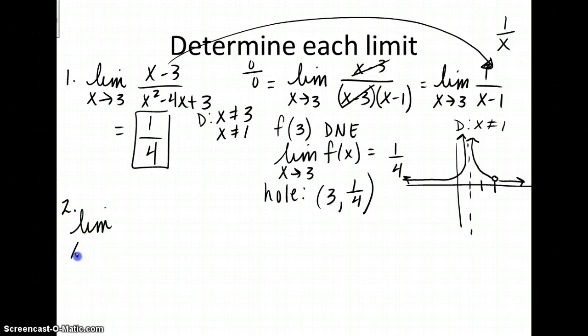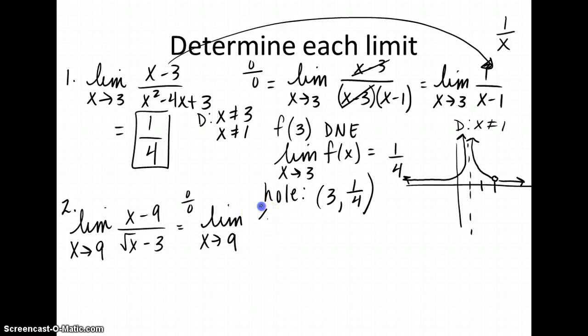Alright, limit as x approaches 9, x minus 9 all over square root of x minus 3. Direct substitution gives me 0 over 0. Now when I look at this, it isn't a problem where I'm going to factor it, but I see a square root. So our technique there would be to rationalize.